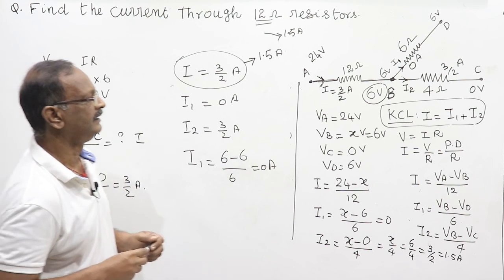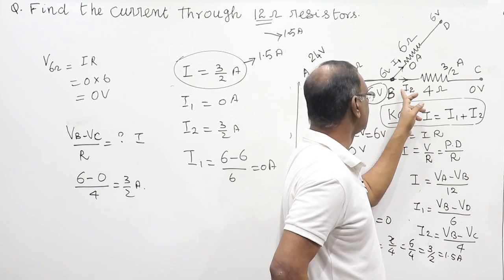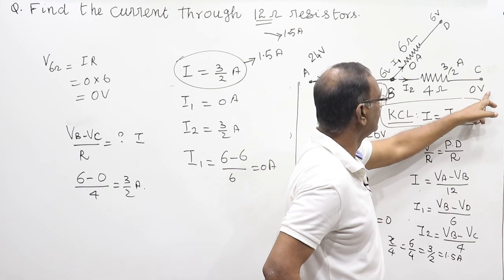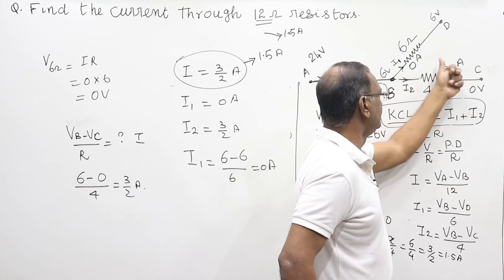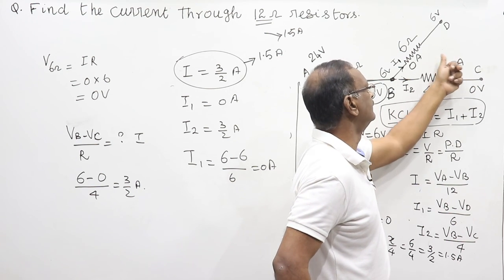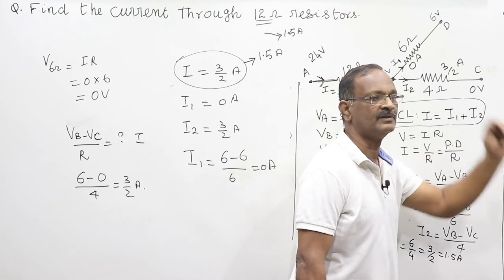It means here 0 volt is available, here 6 volt is available, at this point 0 volt is available. It means the entire 6 volt has dropped at this point. That's why 0 volt is available.